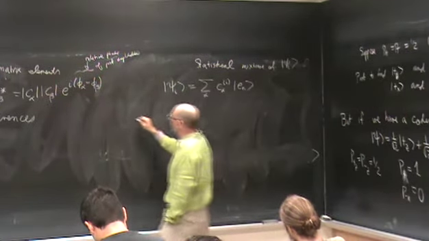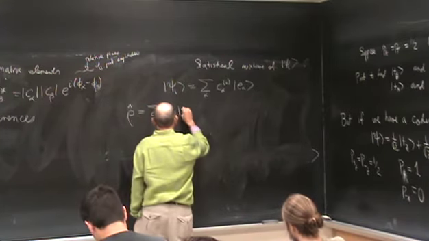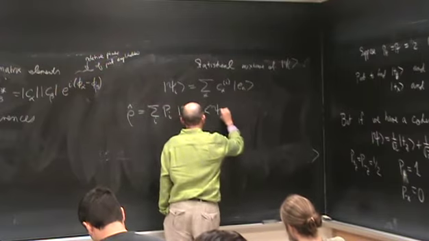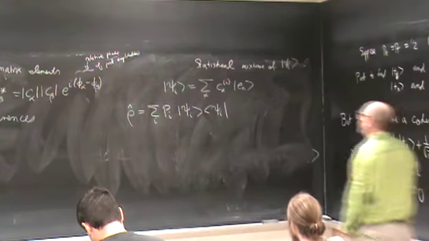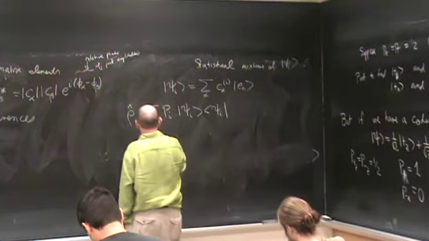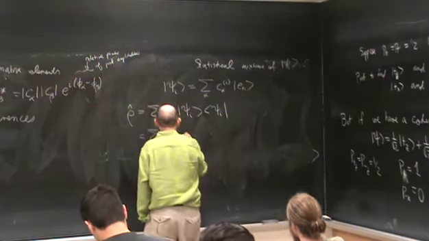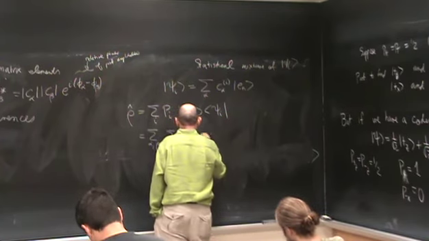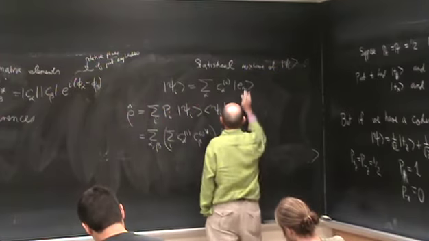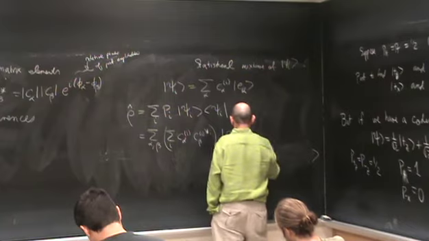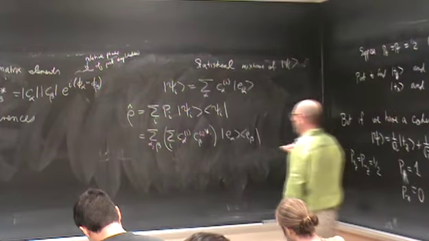Then my state here is a sum over i, p_i, mixing together these pure states. And that is equal to a sum over alpha and beta, sum over i, p_i, C_i,alpha, C_i,beta star, |e_alpha><e_beta|. Okay. Weighted by the probability part of it.